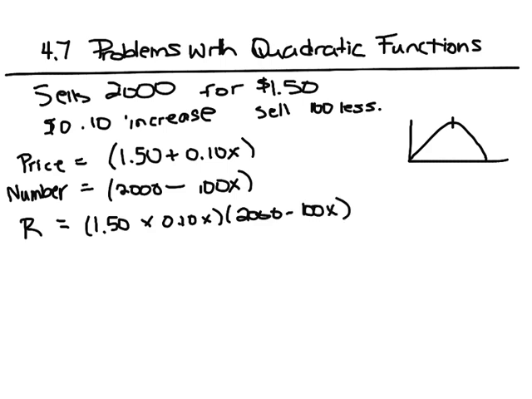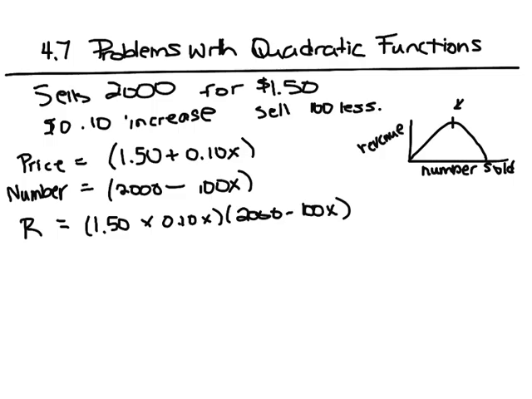So this is our big equation. We want to simplify this to find our vertex, to know the number sold and the price, the revenue made. That was what our x-axis is, and this would be our revenue.